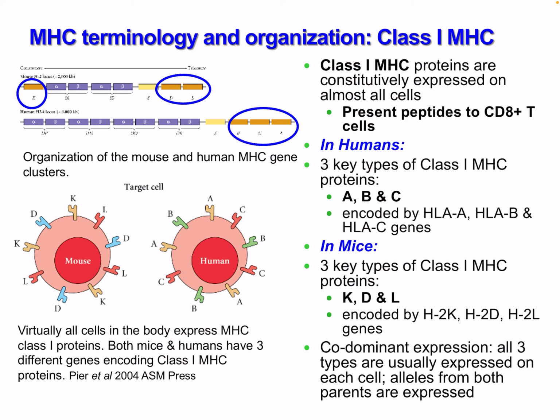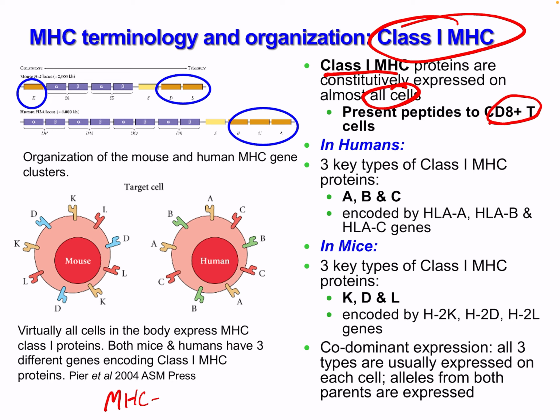So again, we'll go over some terminology and organization in the class 1 MHC. The class 1 MHC proteins are constitutively expressed on almost all cells of the body, and the MHC1 present peptides to CD8 T cells. So important to remember, MHC1, essentially just memorize this. You'll probably learn this in physiology as well.